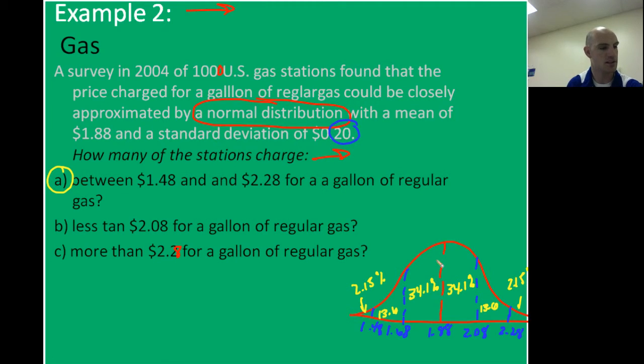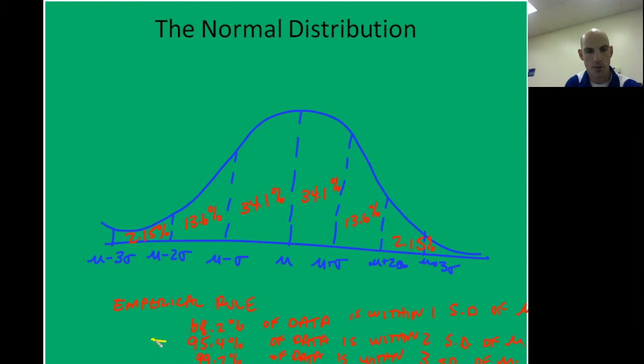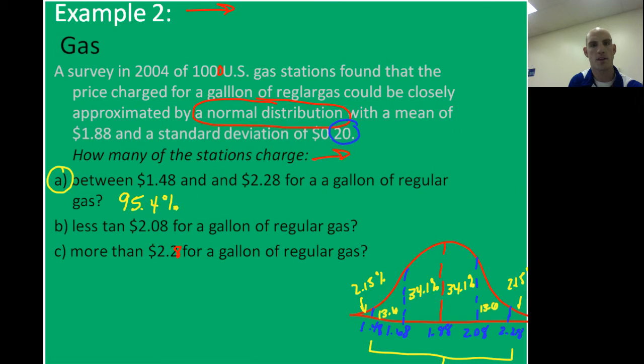And so what happens is we say that between here and here, using the empirical rule, that would be 95.4%. Remember? 95.4% fits within 2 standard deviations. Well, that's what we're dealing with here. Because this is 1 standard deviation, this is 1 standard deviation, this is 2 standard deviations, this is 2 standard deviations.